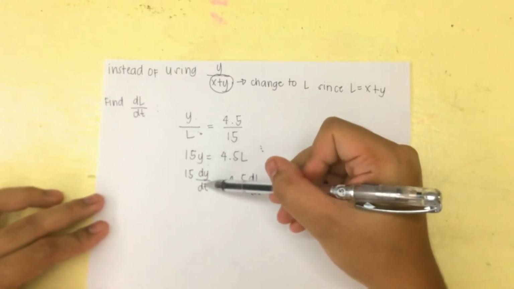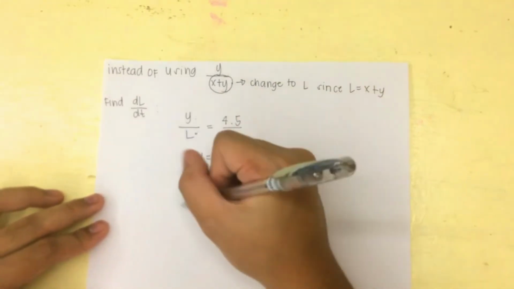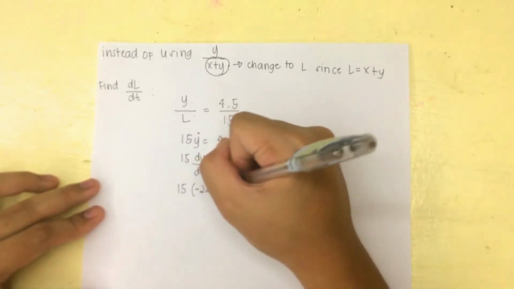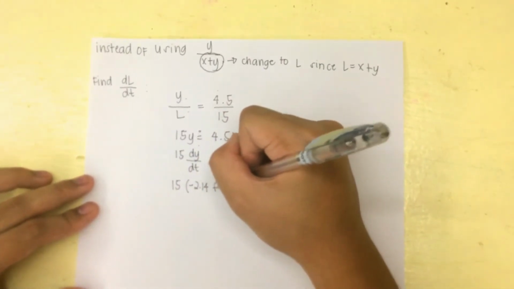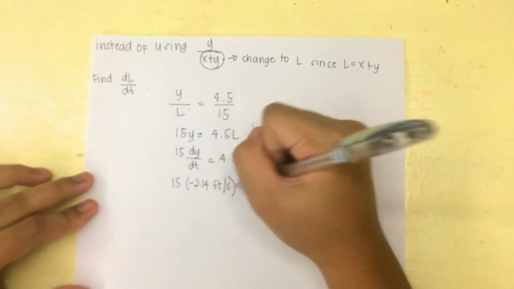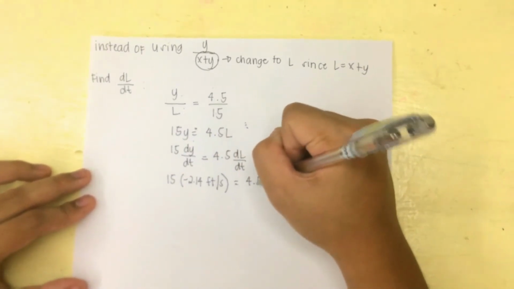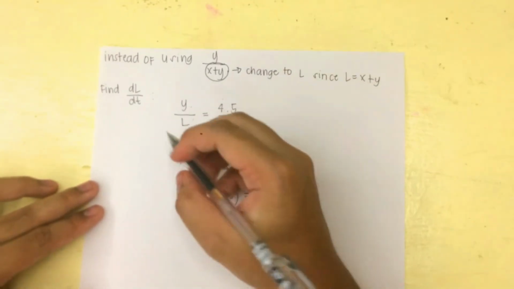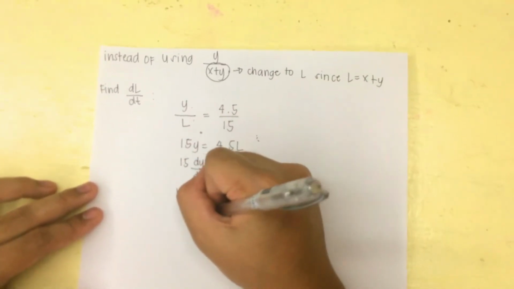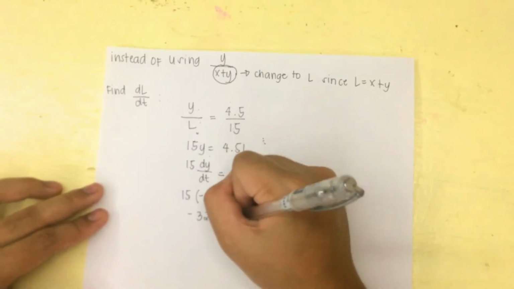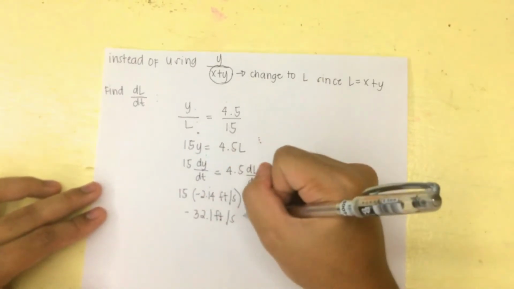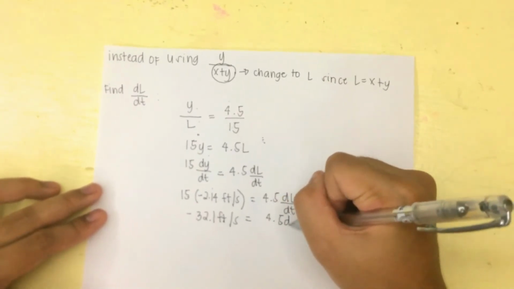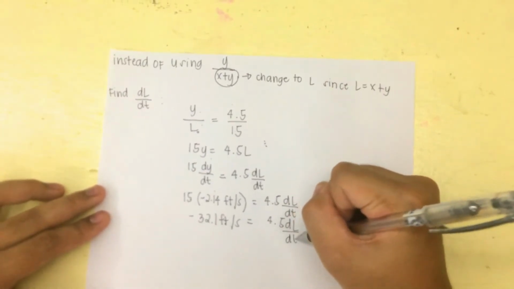Since we already solved the value of dy/dt in part A, copy 15 and then substitute the value, which is negative 2.14 feet per second, equal to 4.5 dL/dt. Then multiply. Negative 32.1 feet per second is equal to 4.5 dL/dt.